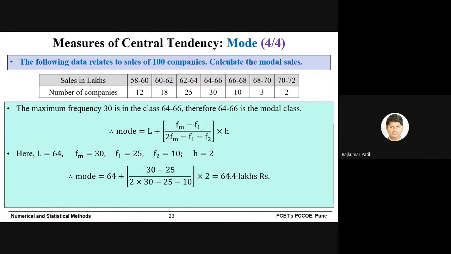So what you need to do? You need to find out the class for which maximum observations are there.